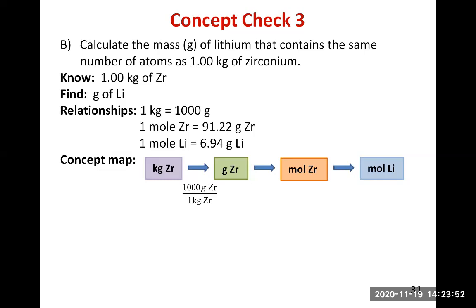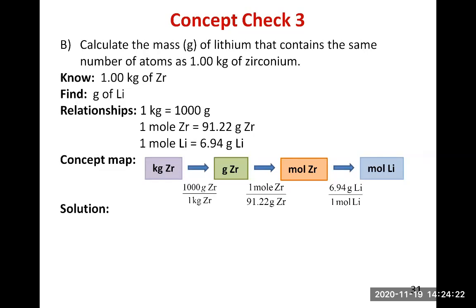And so the grams will be on the bottom, the 1 mole of zirconium on top. And then to go from moles of zirconium to, it's actually grams of lithium here, because at that point you will have a number of moles of zirconium. So using the molar mass of lithium, we can get grams of lithium. So the last box here should say grams of lithium.